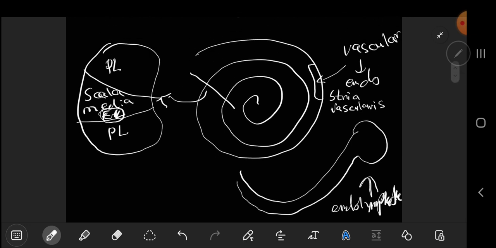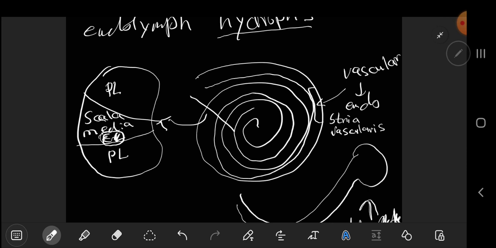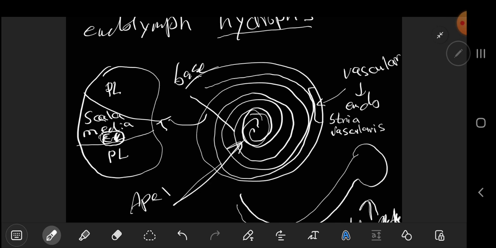Anyway, the endolymph accumulates all around the cochlea, but the most problematic part is this one, in the apex. If we are talking about the cochlea, there is the base of the cochlea and there is the apex of the cochlea. As we get toward the apex, the cochlea becomes less stiff.